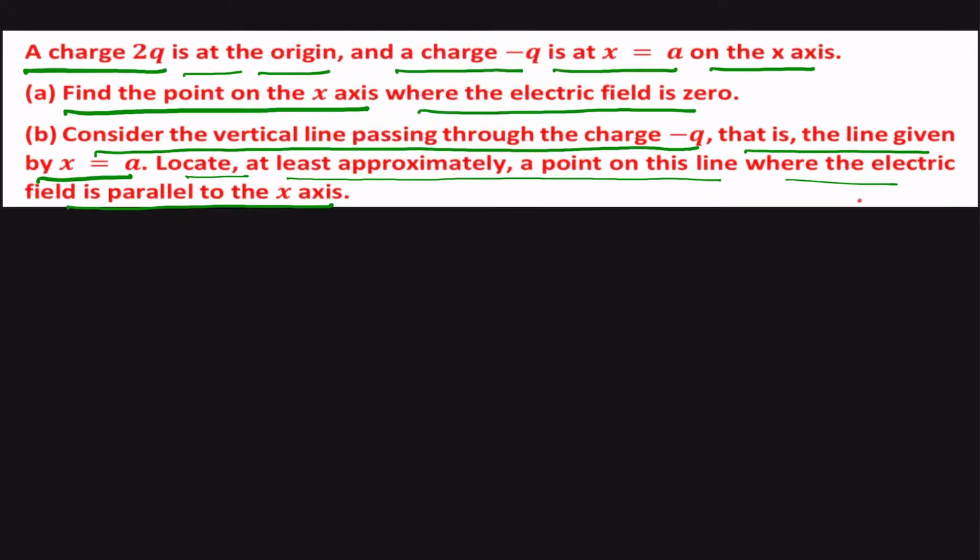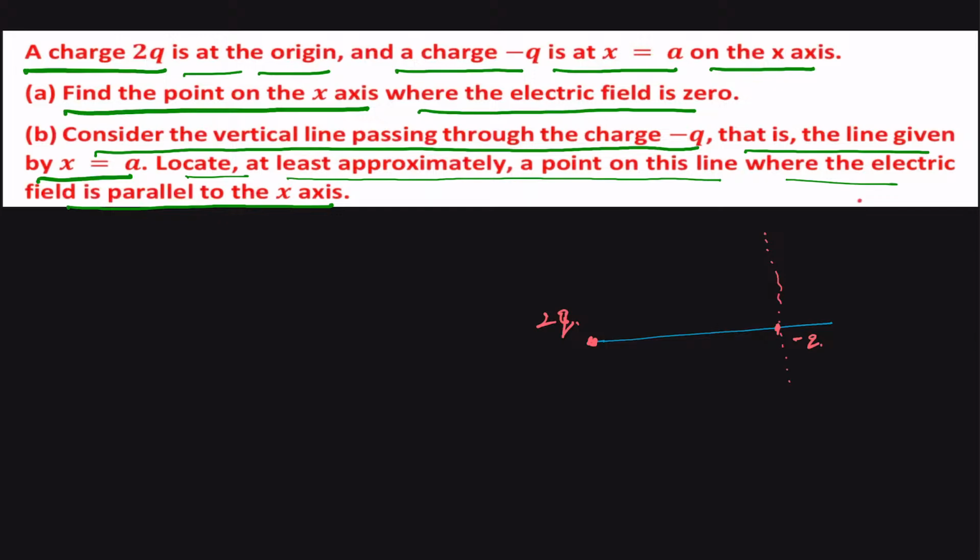So let us draw the basic figure. Everything is lying on the x-axis, and we are given that we have a charge 2q which is at the origin. So this is our origin, and this is our 2q, and we have a charge of minus q that is at x equal to a.